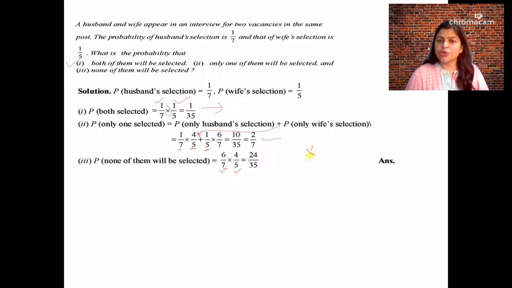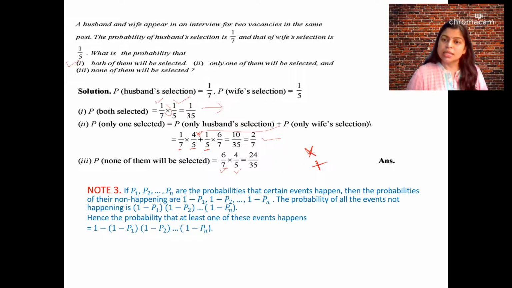For and you use the multiplication sign, and for or you use the plus sign. If you go word by word, then you will be able to solve the probability problems. And if the question comes, at least one is selected, then you have to use this concept.